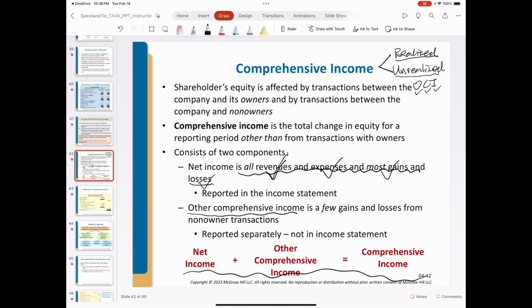Other comprehensive income represents the change in the financial position. So for example, if a company invests in the stock market or in the government securities, so if the fair value of these securities appreciate, that means the value of these investments increase.